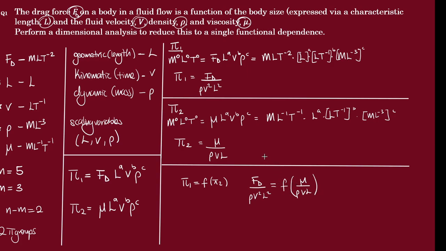And that's all there is to it, majorly. So if I wanted to isolate F of D and make this the subject of the formula, I could now say that F of D is equal to rho v squared L squared multiplied by a function of mu divided by rho V L.